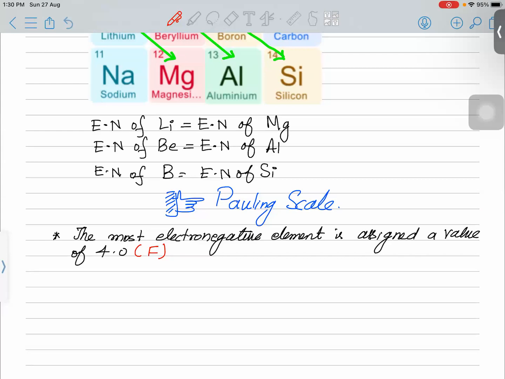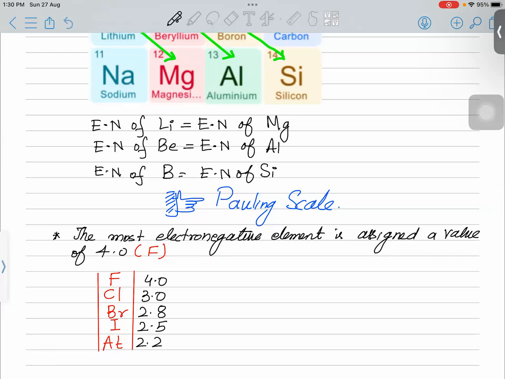Okay. So you can see that this is fluorine, this is chlorine, this is bromine, this is iodine, this is astatine. So look at the value of electronegativity. Fluorine has 4.0, chlorine has 3.0, bromine 2.8, 2.5, 2.2.